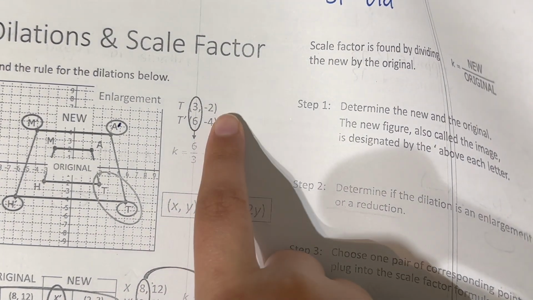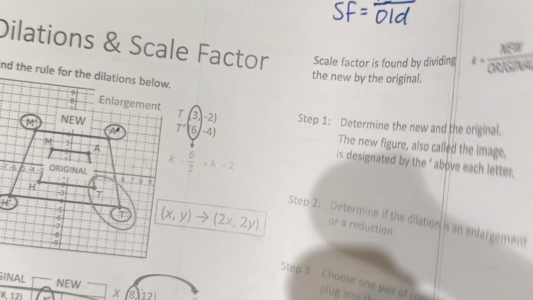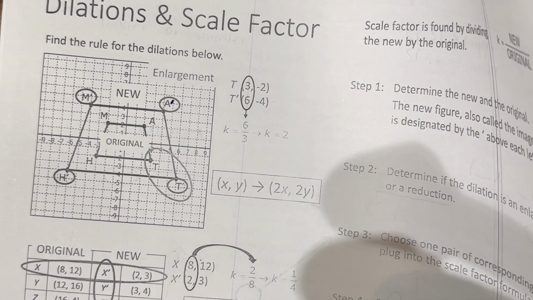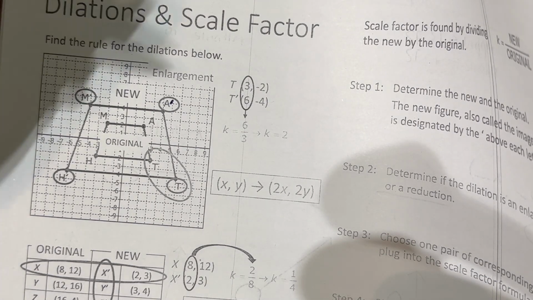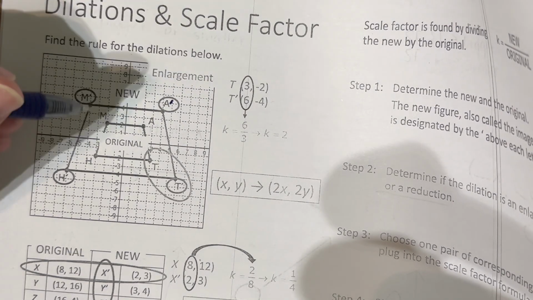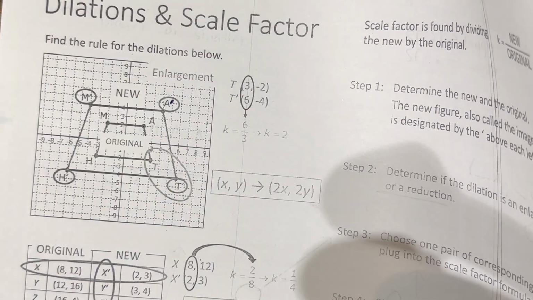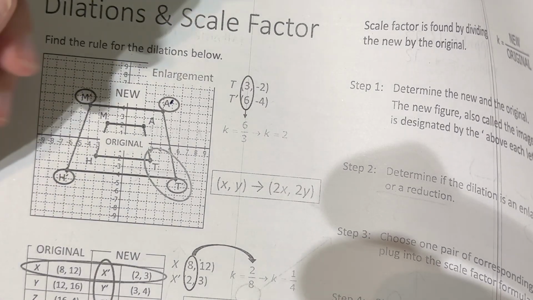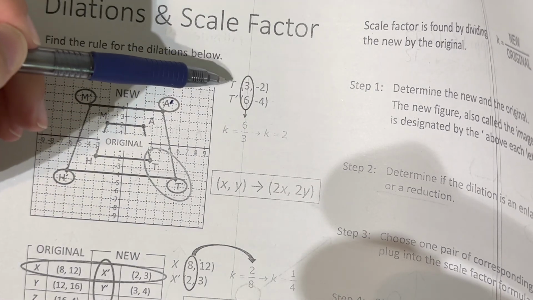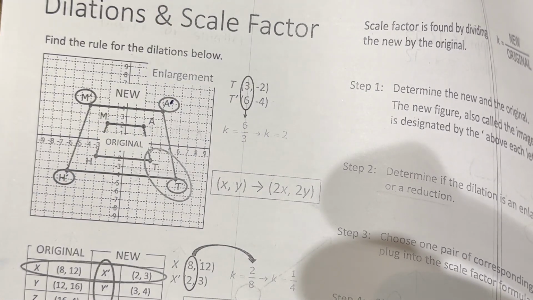So now I can use a point. I can pick any point I want as long as they're corresponding points, which means that it has to be the same letters, right? So I have to compare A to A prime, M to M prime, T to T prime. They have to be corresponding. So right here they use T. So T, this point right here, is at 3, -2.